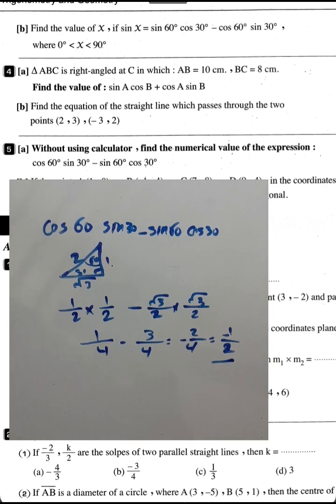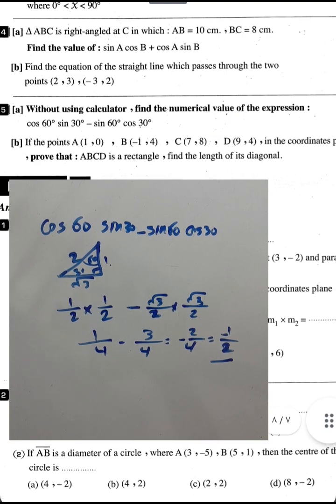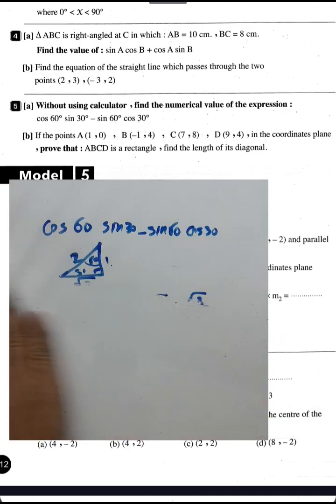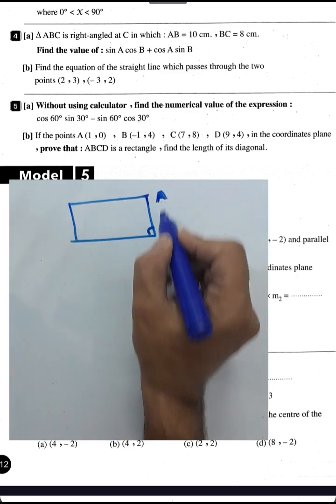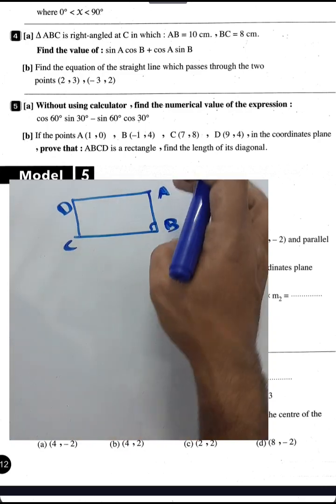Last example. If the points A, B, C, D are in the coordinate plane, prove that ABCD is a rectangle. We can prove that ABCD is a rectangle by finding the lengths of AB and CD.